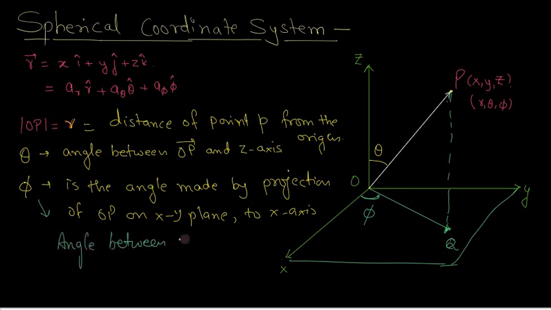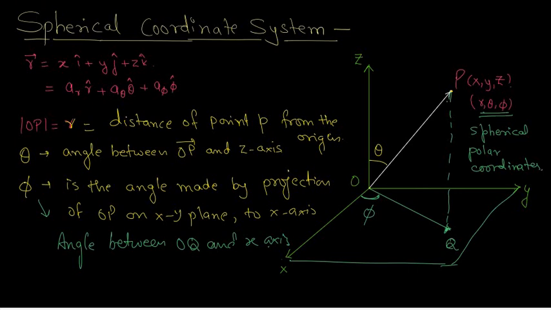So these are the coordinates I am using here: r, theta and phi. These are called spherical polar coordinates.